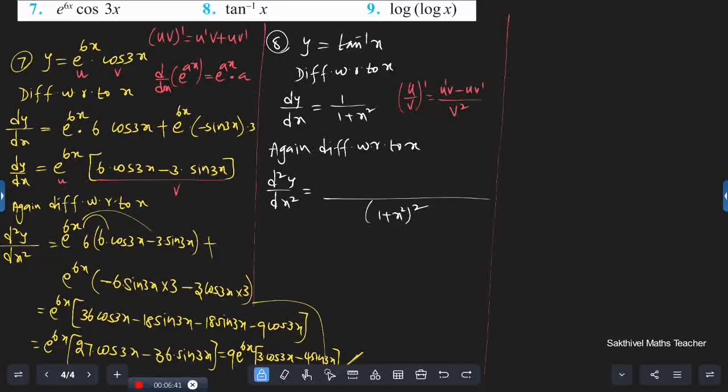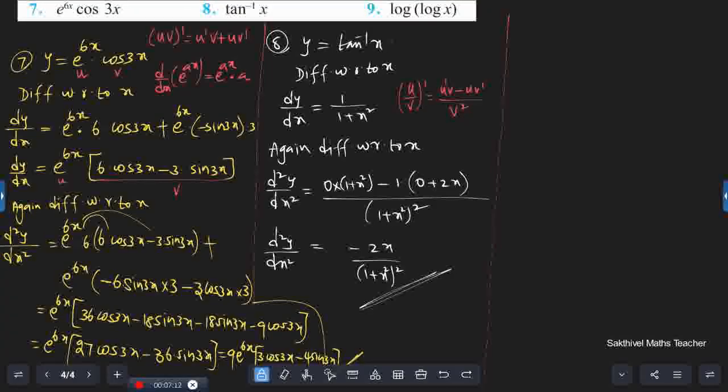Now u dash: u is 1, so its derivative is 0, into 1 plus x square, minus u, which is 1, into v dash. We differentiate the denominator: 1 derivative 0, x square derivative 2x. That's it. So 0 into anything is 0, leave it, minus 2x divided by 1 plus x square the whole square. This is our double derivative answer.